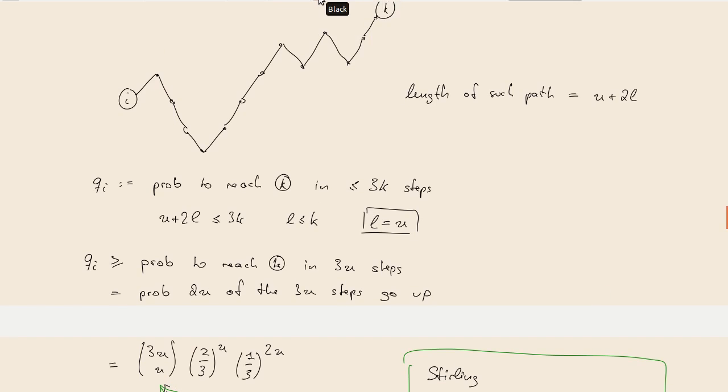In a sense, I see one problem here in that this equal is not quite true because it leaves out the conditioning. So this first half is certainly fine, but this formula assumes that we condition on the event that the path has this length 3u. And there's many other paths.